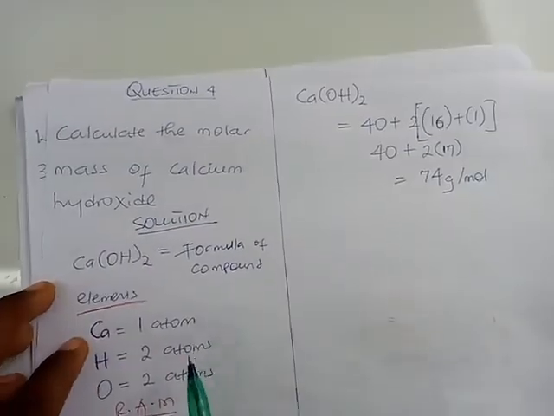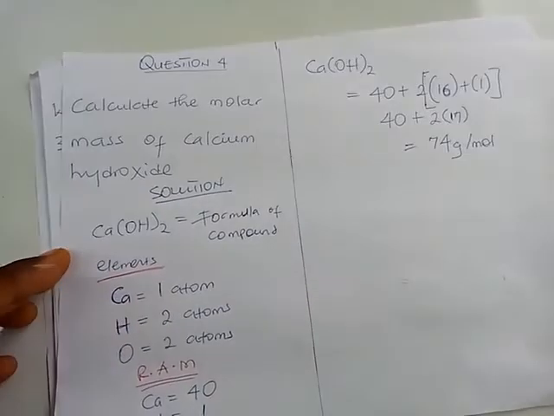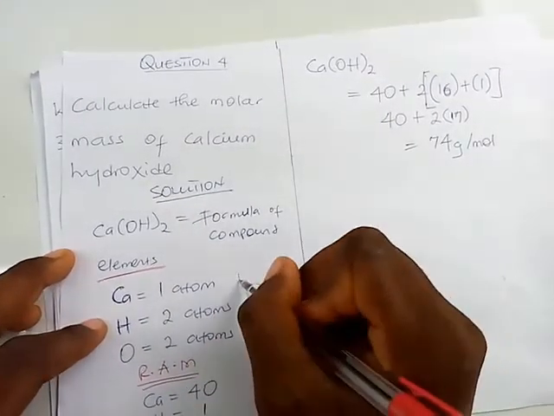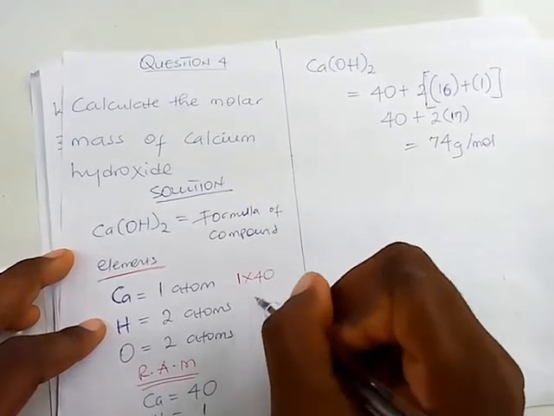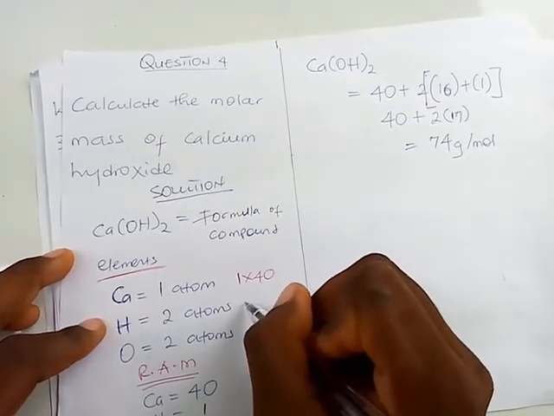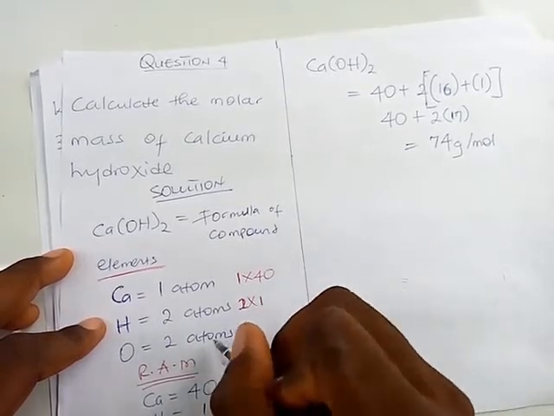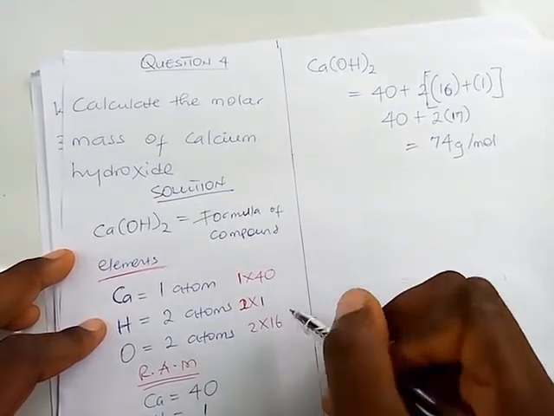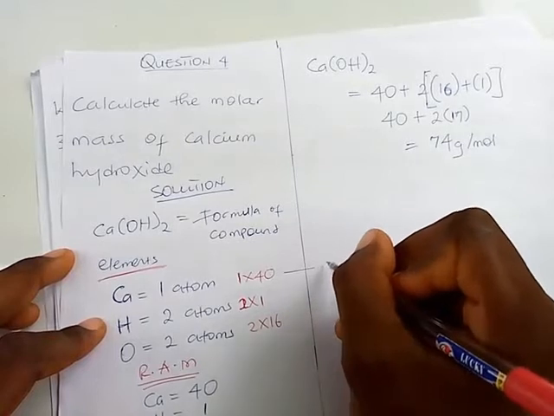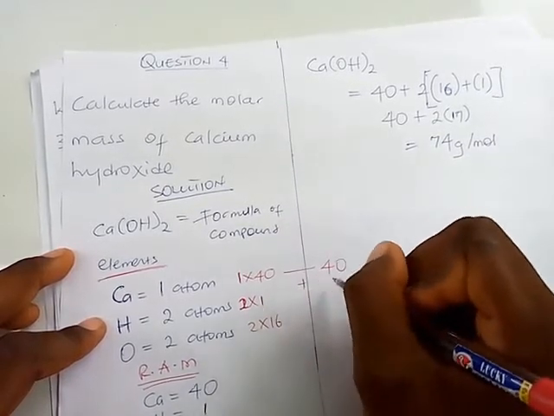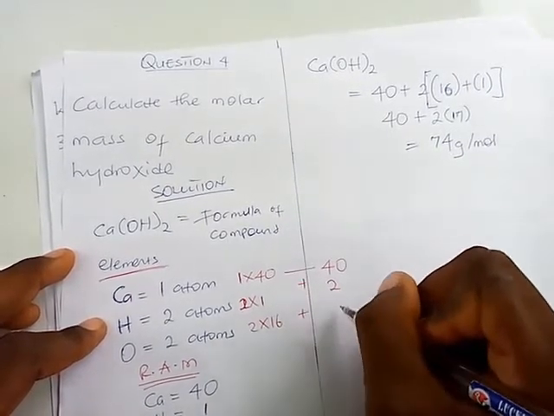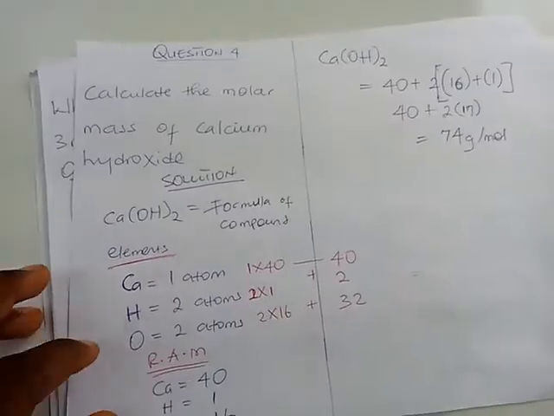Or we can still use this approach here by just saying 1 times 40 plus 2 times 1, 2 times 16, and this is going to give us 40 plus 2 plus 32.